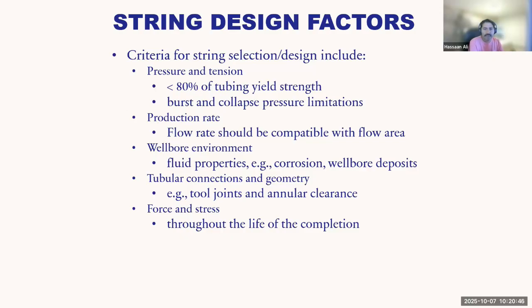Wellbore environment: it should be compatible with the wellbore fluid properties, meaning corrosion and wellbore deposits. The connections and geometry should make sure that there is enough annular clearance between the tubing and the casing, and the tubing components should be selected so that they can endure the force and stress throughout the life of the completion.